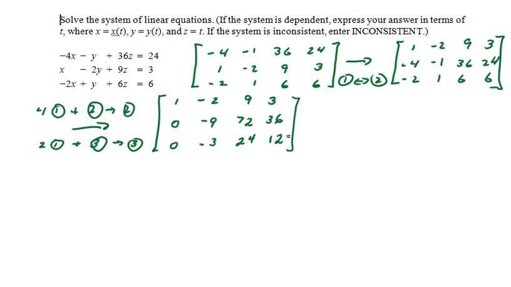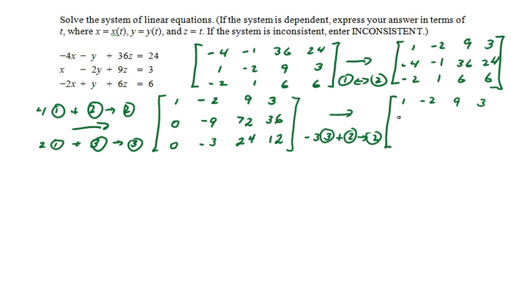And so at this point, we see that we could eliminate the negative 9 by taking negative 3 times row 3 and adding it to row 2 and put that into row 2. So we'd have 1, negative 2, 9, 3.